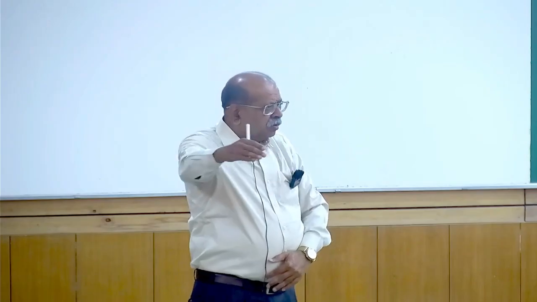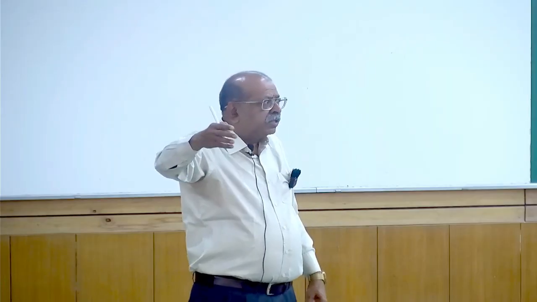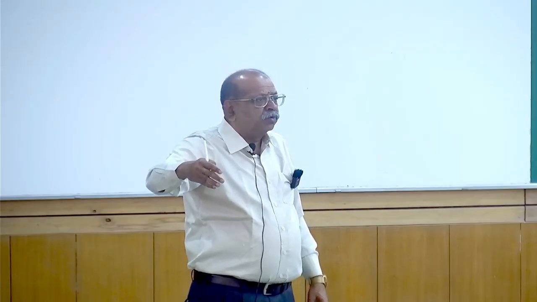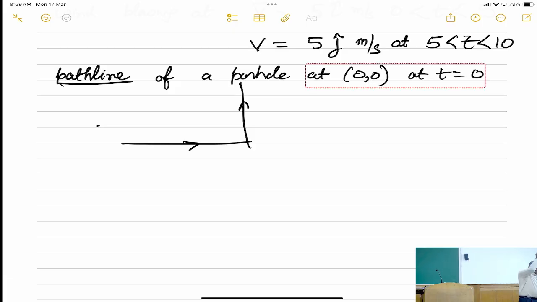It will move in the right direction, and then from 5 to 10 it will move vertically. So the path line of this particle, starting at 0, 0 at t equal to 0, will be like this. First it moves like this, and then it moves up. This is straightforward. Clear?